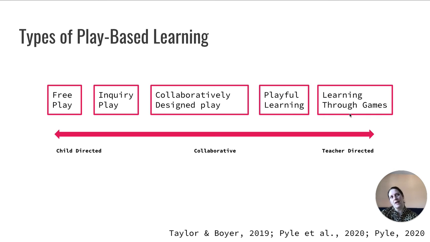Then learning through games is where there is something the teacher is trying to teach and it is very intentional learning, but it is orchestrated through a game. The role of the teacher can vary from collaborator to director.